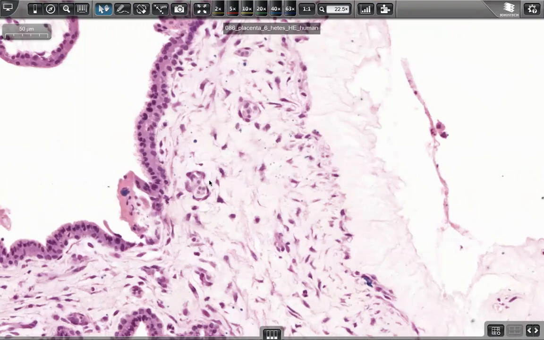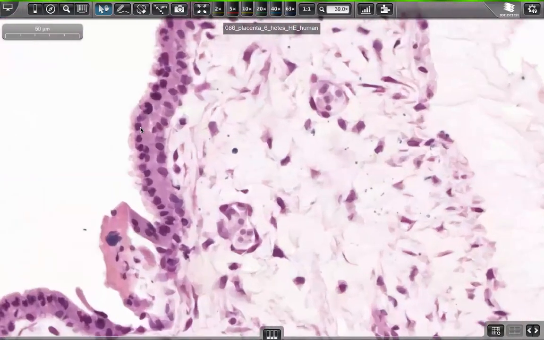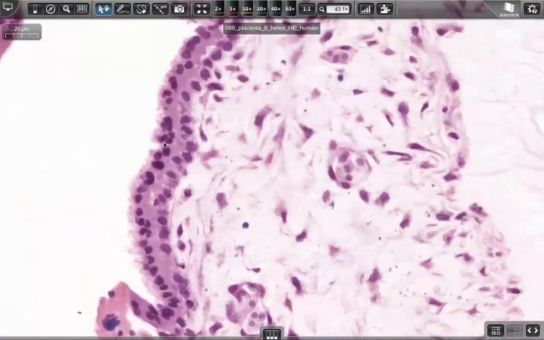Now let's see what we can see now. The outermost layer is called syncytiotrophoblast. That's the syncytiotrophoblast layer, that's the outermost one.